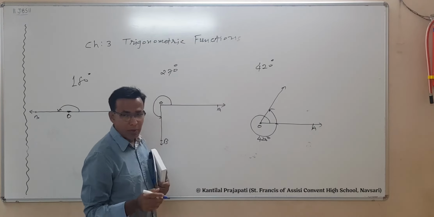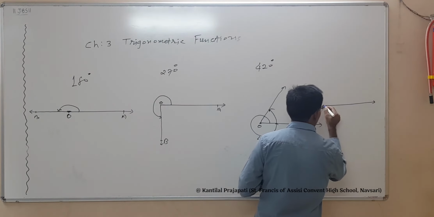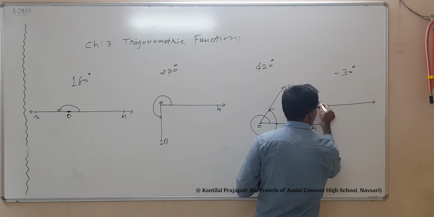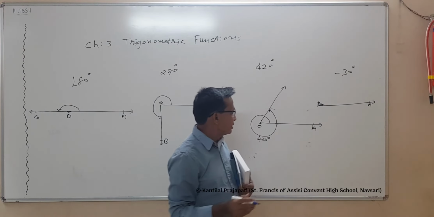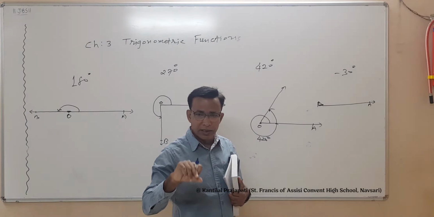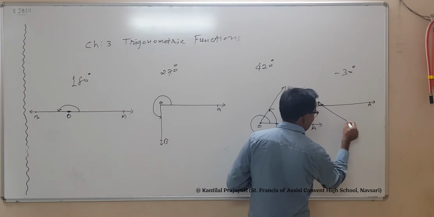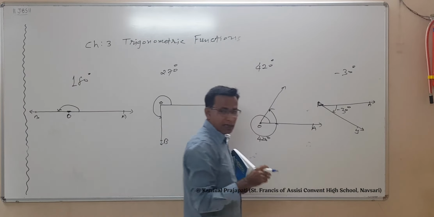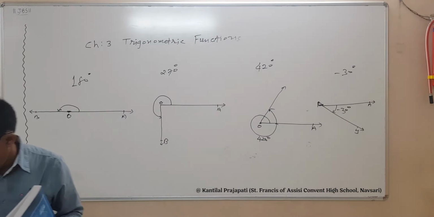We do minus 30 degree. O, and this is A. So for minus 30 degree, ray OA will be rotated in a clockwise direction like this, and the final position we get here, that is B. So this angle is minus 30 degree, and so on. In this way we get the figures of the angles.